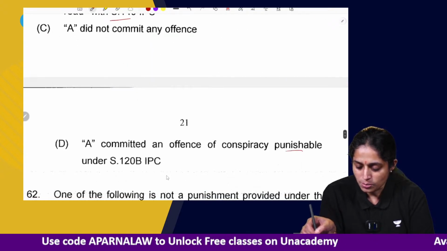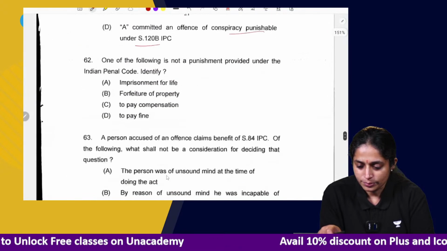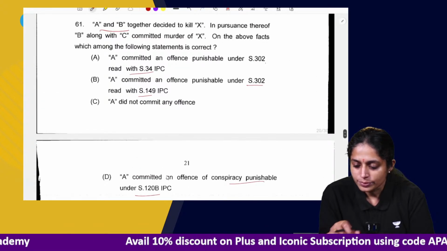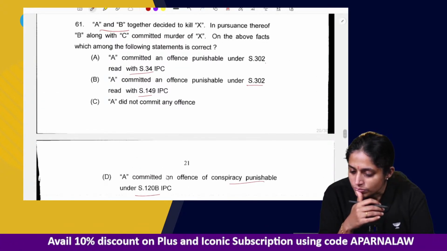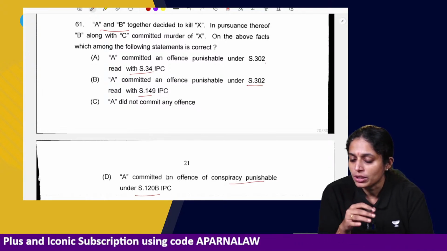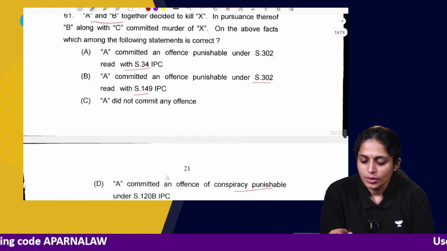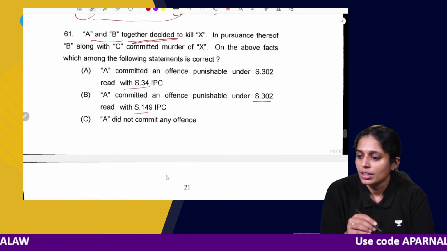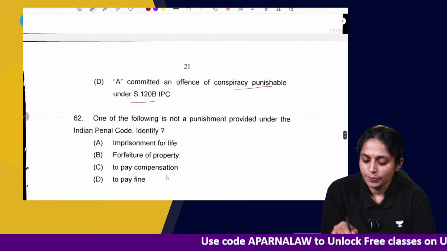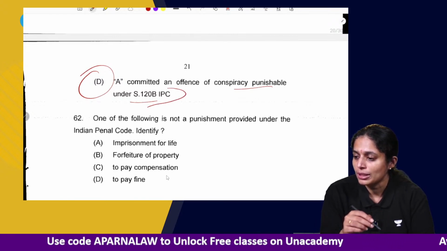A committed an offence of conspiracy punishable under section 120B IPC. So what is the punishment for A? When they together decided, it will amount to criminal conspiracy. D. Criminal conspiracy punishable under section 120B IPC.